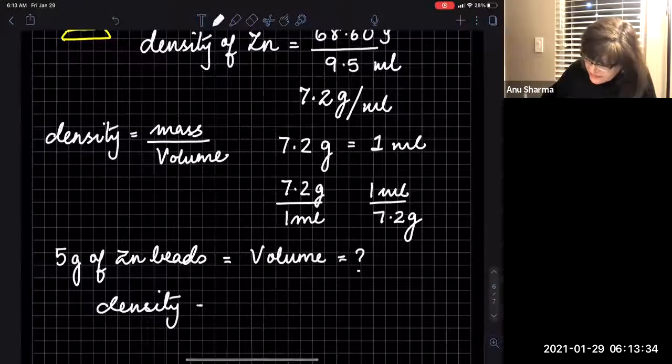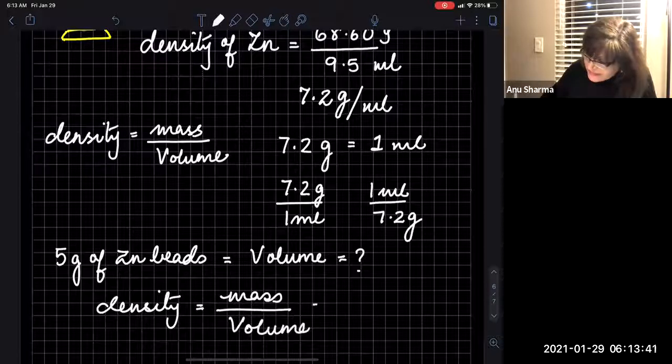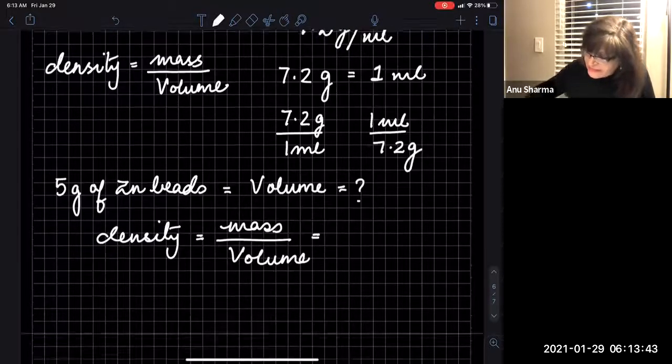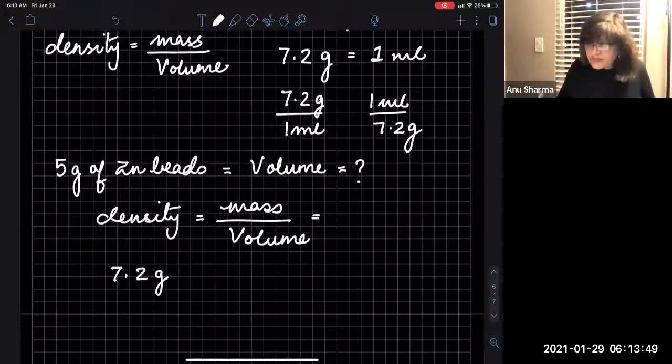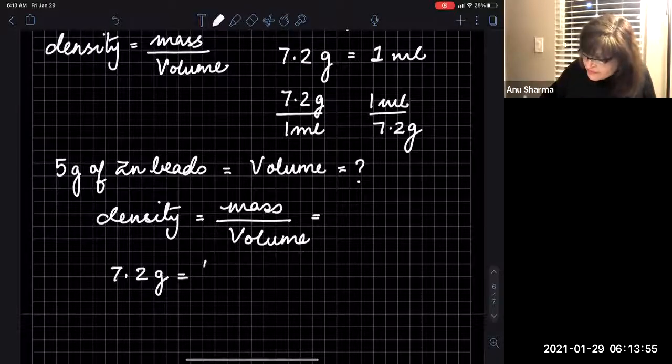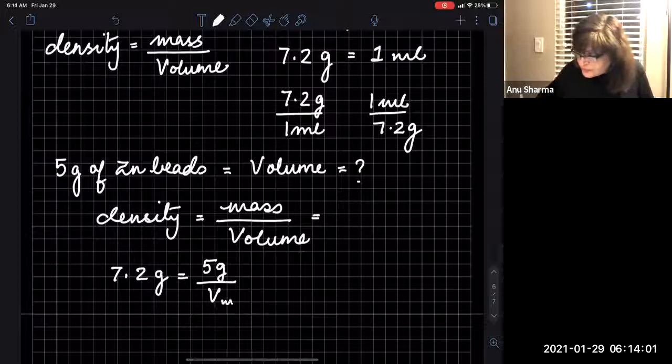Density is equal to mass over volume, and the mass is 5, so the density is 7.2 grams per ml. This is algebraic conversion. 7.2 grams is equal to the mass, 5 grams, over the volume. And that volume is going to be in milliliters.